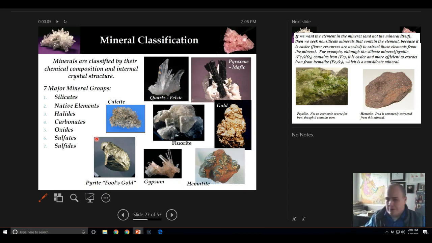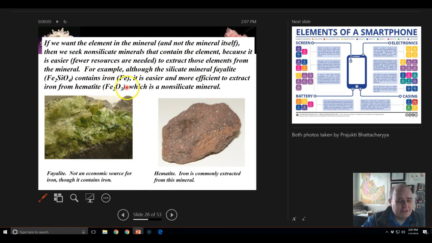However, if I have pure crystals of quartz like this guy, this is so much better for us to mine because of the pure nature of it. We don't have to separate it from anything else, right? So it's better to mine the native materials, or some of these other things where we only have to separate two materials like iron and oxygen, than all these stronger bonded materials of silica.